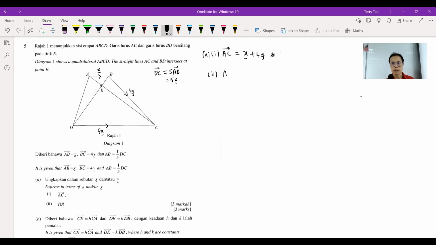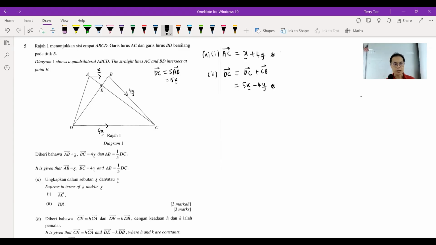DC will be D to C, plus C to B. So it's -5x minus 4y because I'm going opposite direction of BC. BC is going down, CB is going up.